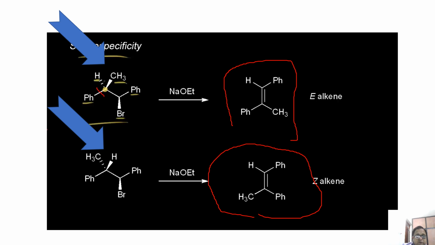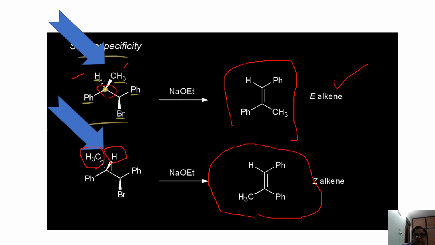If you look upon this carbon, here hydrogen is inside the plane and methyl group is out of the plane. So we are getting the E-alkene. But in this case, hydrogen is out of the plane and methyl group is inside the plane.